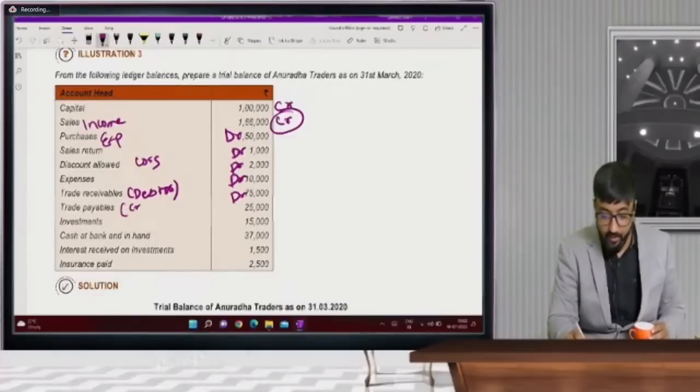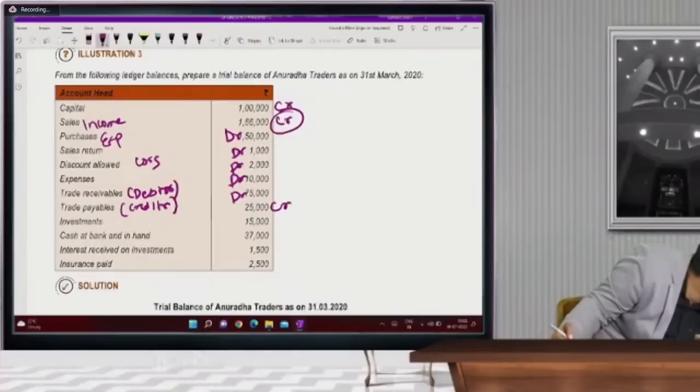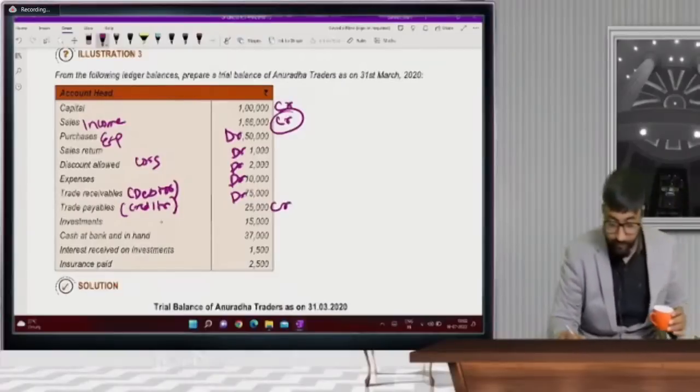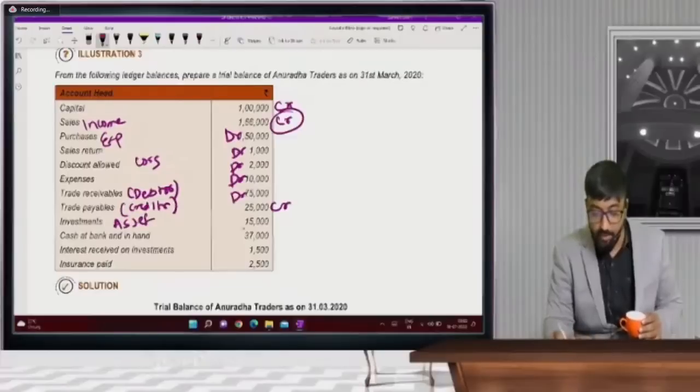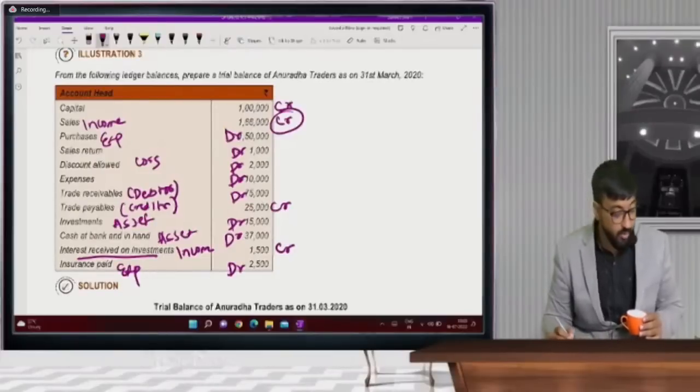Trade payable, creditor, credit balance. Investment is your asset, debit balance. Cash at bank, asset, debit balance. Interest received is income, so credit. And insurance paid is an expenditure, therefore debit.